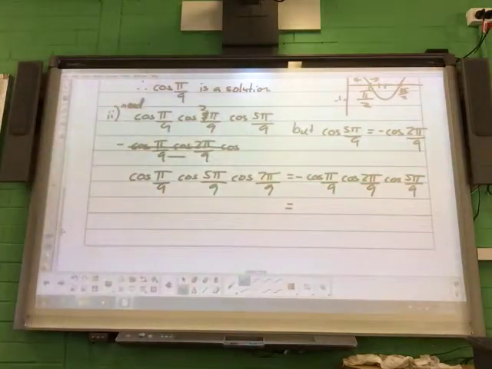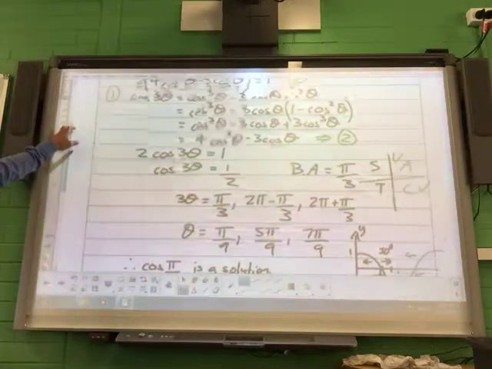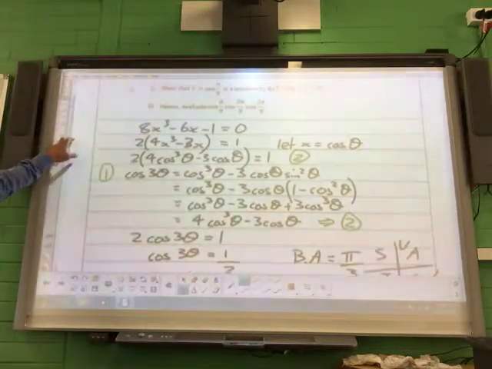Okay, this is the product of the three roots. So what have we done in the past to write the product of three roots? It's the sum of roots. What's the degree of the polynomial? 3.